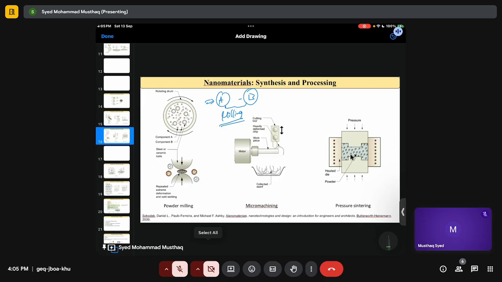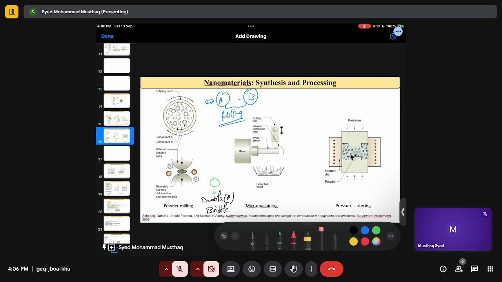Again, whether the powder particles break depends upon the inherent property, whether it is ductile or brittle. If it is brittle, it will take less time to form the powder particles, and if it is ductile, then it will take a very large amount of time, because whenever the powder particle comes in between the two balls, if I have a brittle particle, it will break, right?